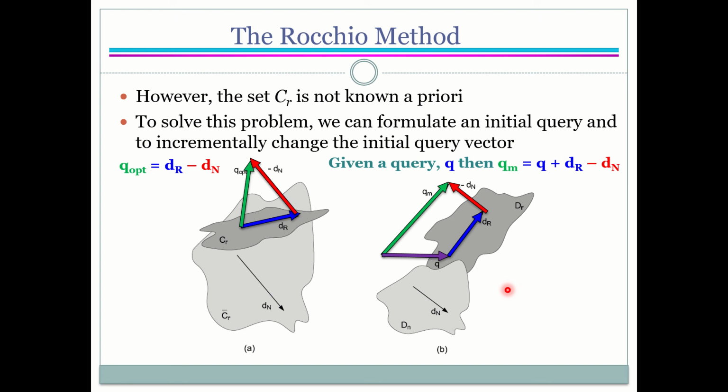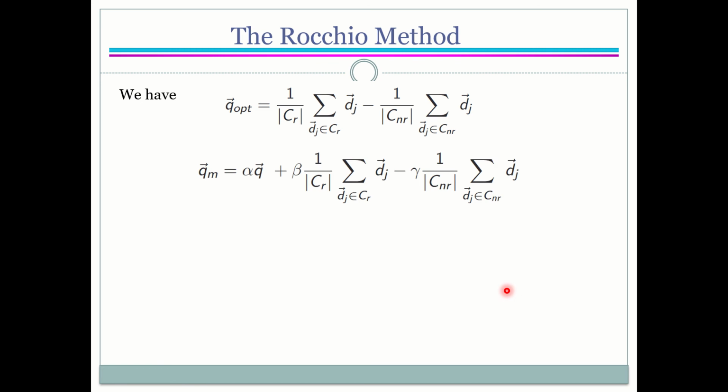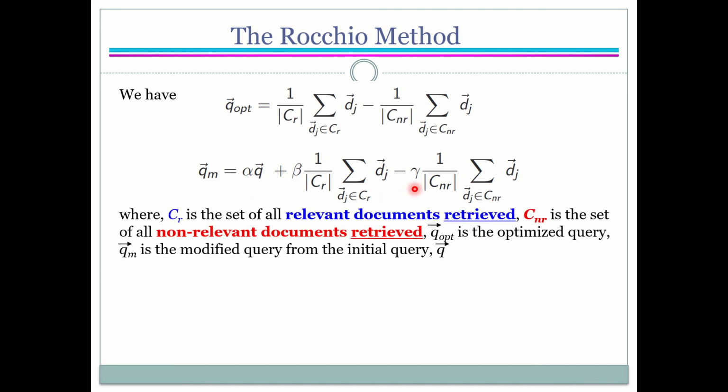So we have two formulas here. This is when we do not have any query, and this is when we have a query. Basically we have three scalars here, alpha, beta, and gamma. The first part is the relevant documents, and the second part here is the non-relevant documents.